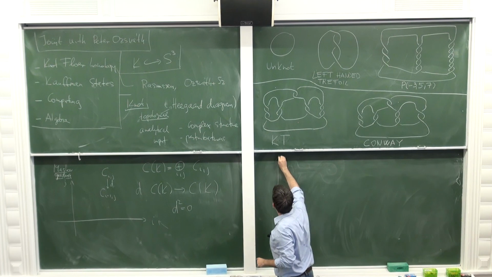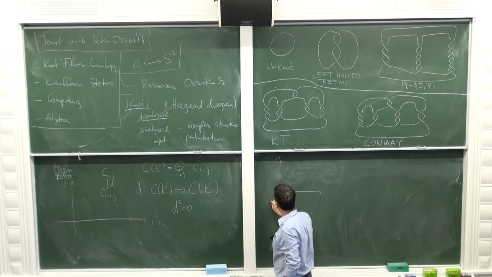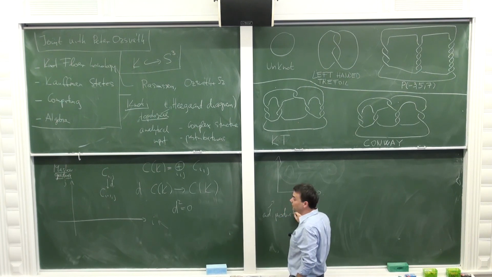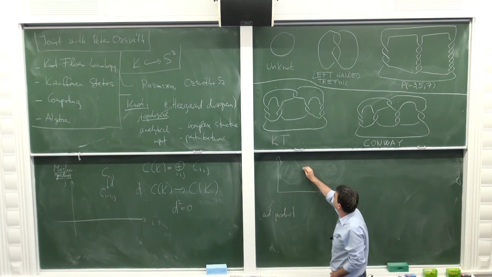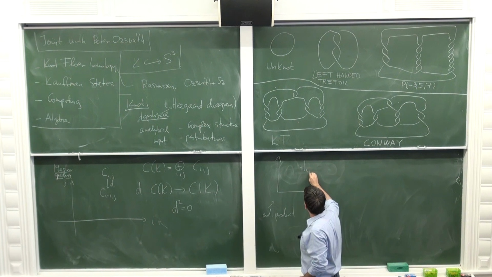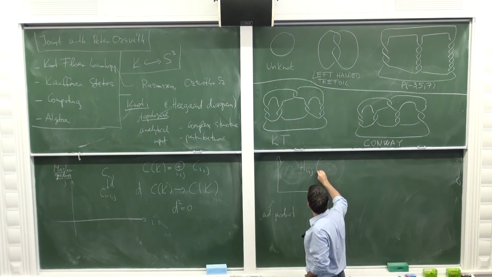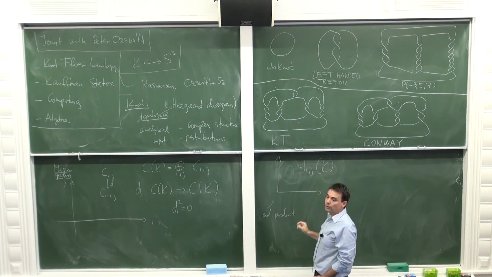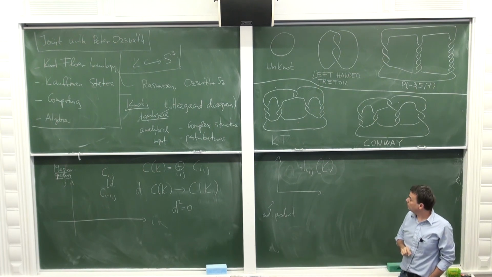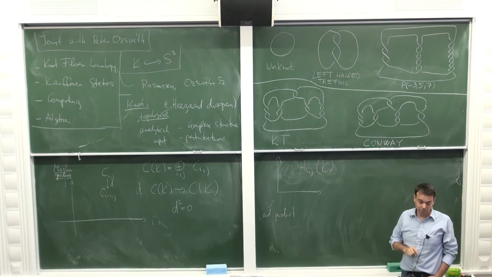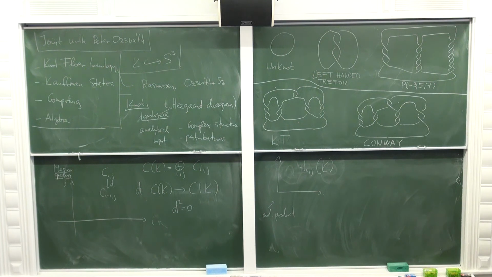So the end product of this whole process is some kind of homology groups labeled by two numbers, I and J, and of course they correspond to the knot K. So in a very brief sense, this is how one defines Knot Floer homology.